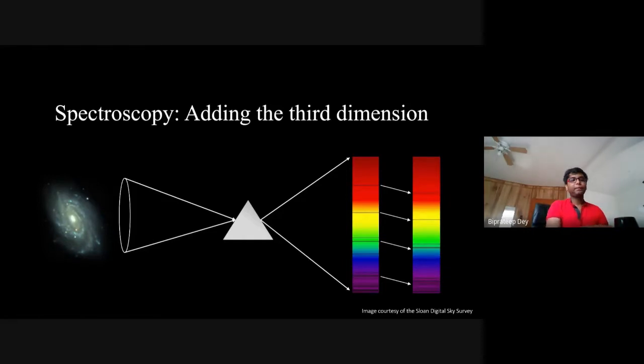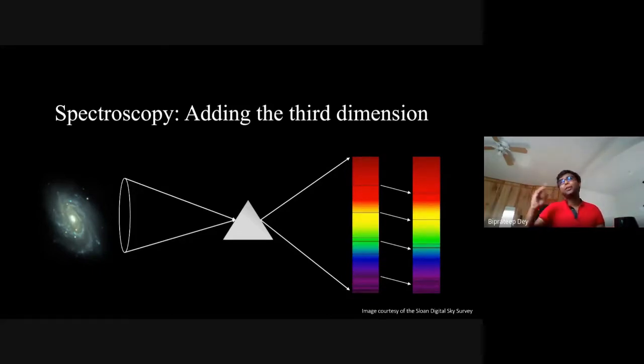So if the wavelengths have expanded, then the location of these emission lines will change. So we compare the locations of these lines to what should have been the case in a rest frame, in a laboratory, for example. And by this comparison, we can measure the redshift of an object.